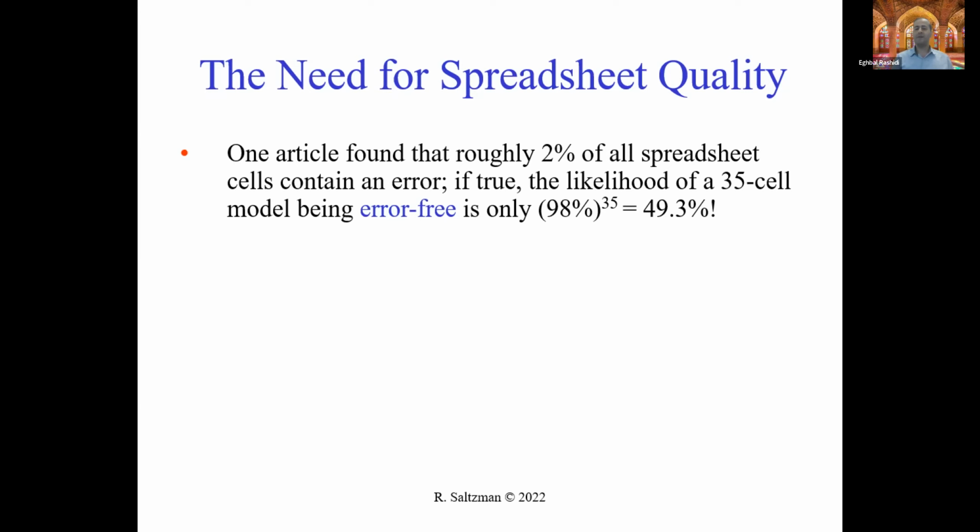There has been a rough study where they estimated that for any cell in Excel, there is a 2% chance that the cell is not error-free. That means that if you are working in a spreadsheet model that has, say, 35 cells, the chance for your model to be error-free is 98% for each cell, to the power of 35 cells that you have.